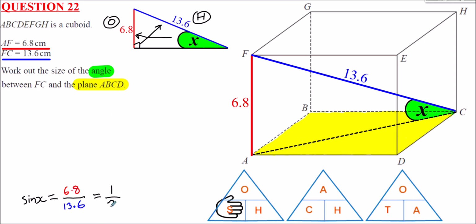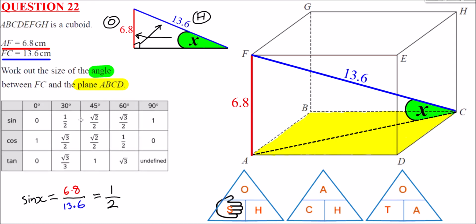And this is our key insight. Sine x being a half, 1/2 is one of these special trig values. So I'm going to remind you what they all are here. If sine of an angle is a half, that is the same as saying that the angle must be 30 degrees.